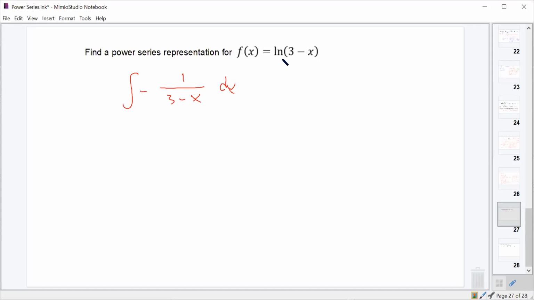Isn't that natural log of 3 minus x? And so we should be able to then say that, I think somebody put it in here, Elon put it in there, right? It's not an x minus.